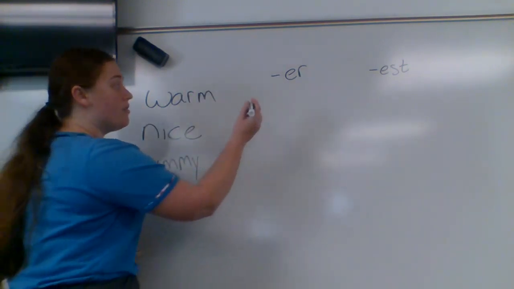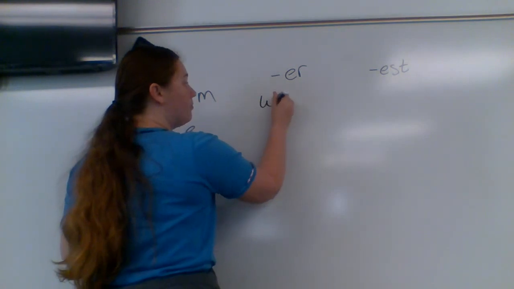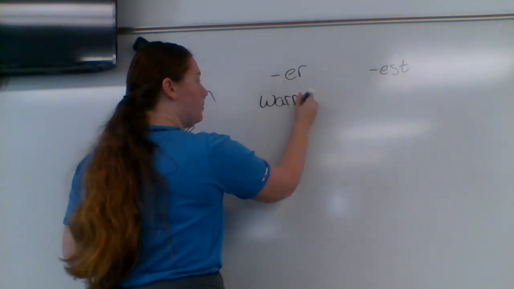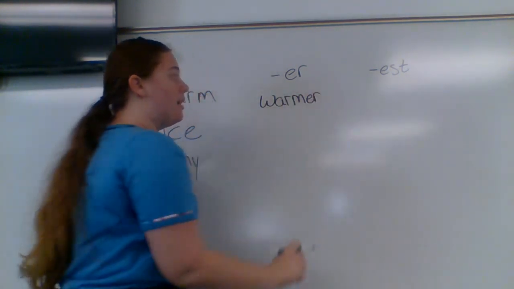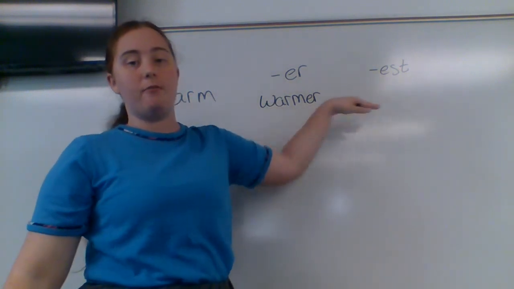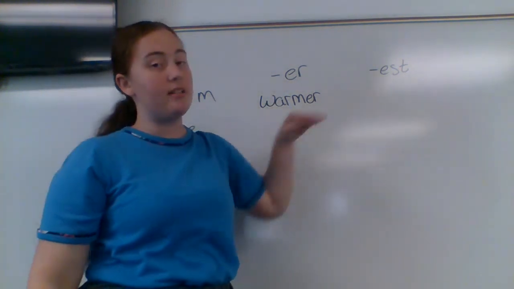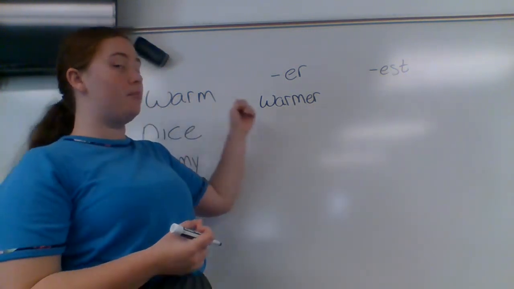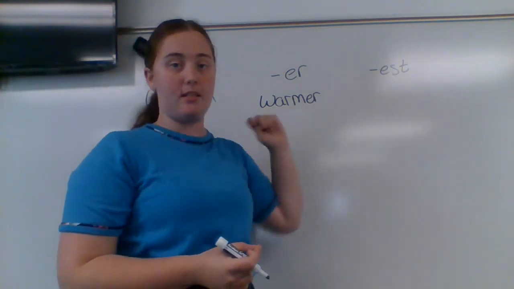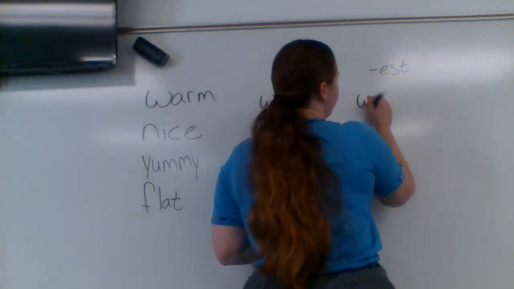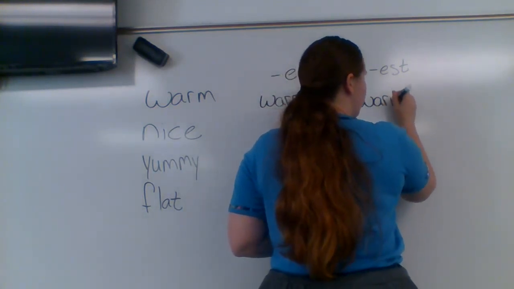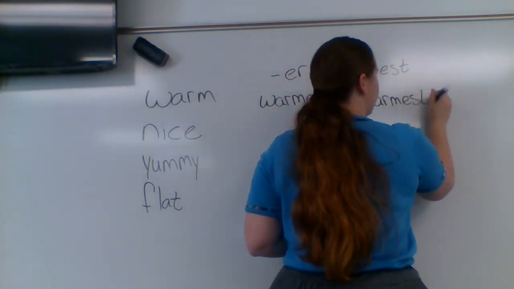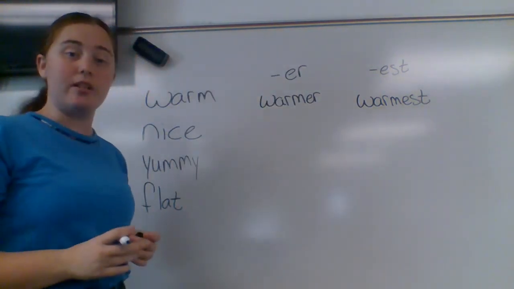Go ahead and write that there. Warmer. And what do you think we're going to write over here? Warmest, right? So it's warm, warmer, warmest. Go ahead and make sure that's written down.